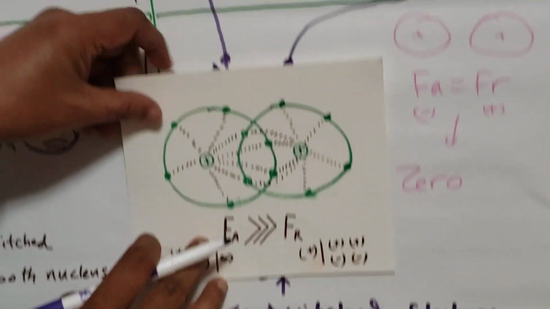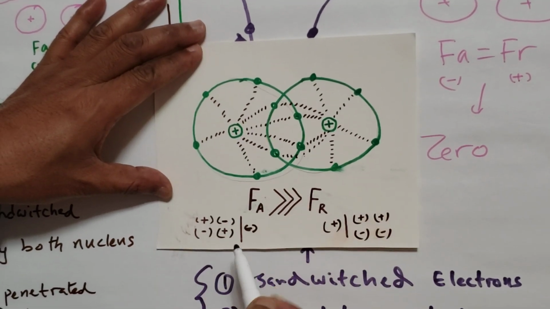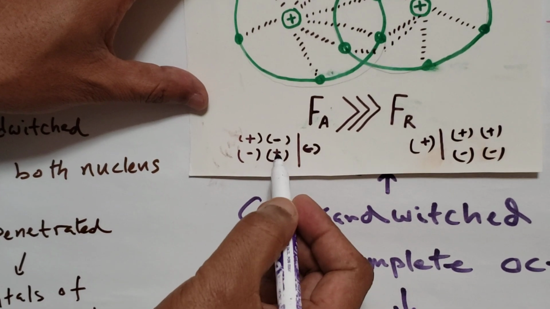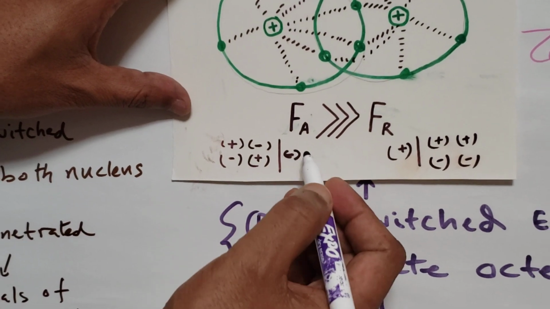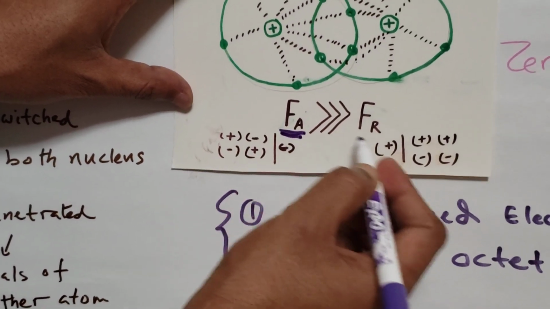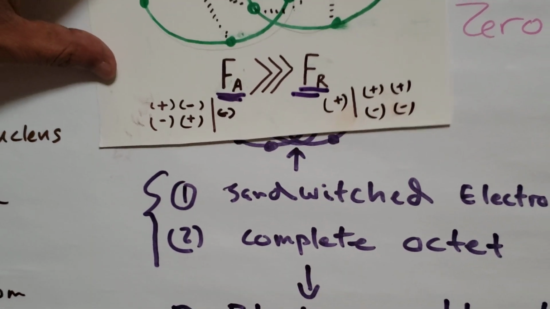So you have a lot of attractive forces between nucleus and electron, and electrons and nucleus. That means you have a huge amount of attractive forces, and this is much greater than your repulsive forces.